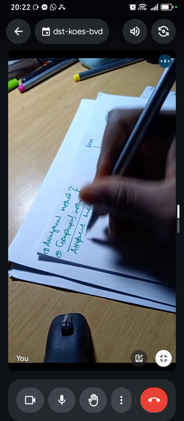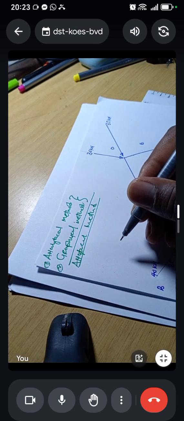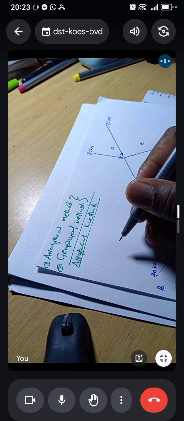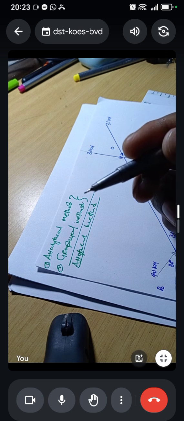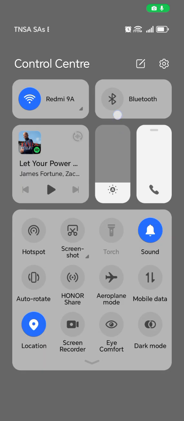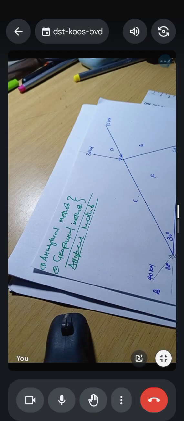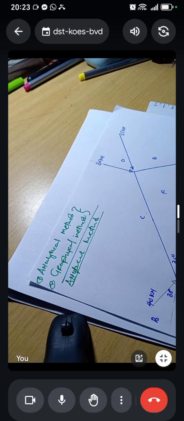It's blurry. Is it blurry? Yes, sir. Or is it this color that I'm using? Yes, even now? Yes, sir. Okay, let me get out and come back.